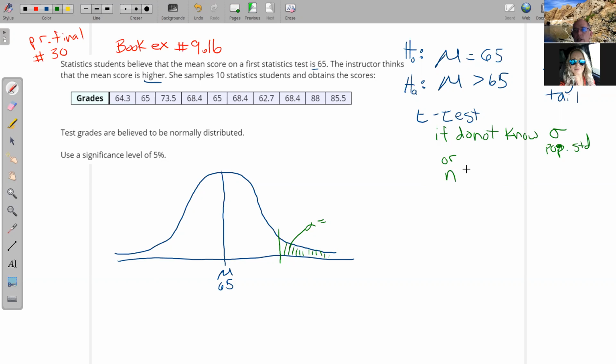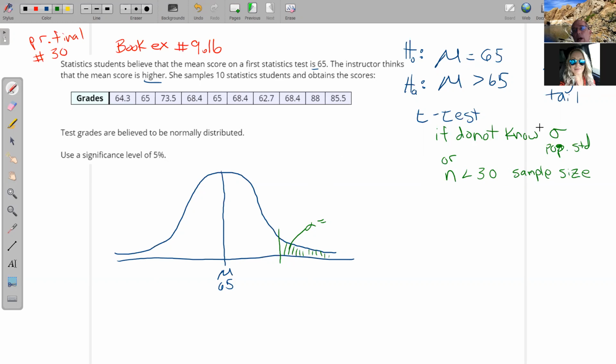So if n is less than 30 for the sample size. And I meet both of those conditions because nowhere in the problem does it say, hey, the standard deviation of first tests for statistics happens to be 5, right? It doesn't say anything about a population standard deviation. And then this is only 10 students.